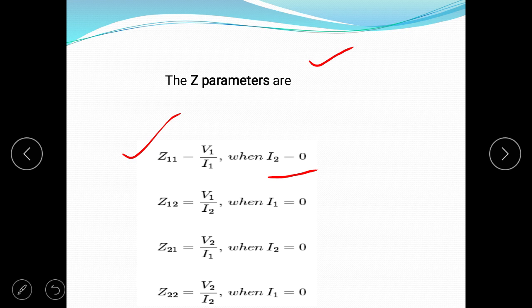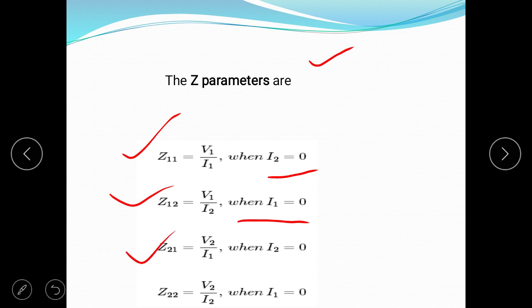It is also known as open circuit parameter. So Z12 is equal to V1 upon I2 when I1 is equal to 0. In this case, to find the value of Z12, input current I1 is considered as 0. It means input port is open circuited, and we obtain the ratio of V1 to I2, that is Z12.